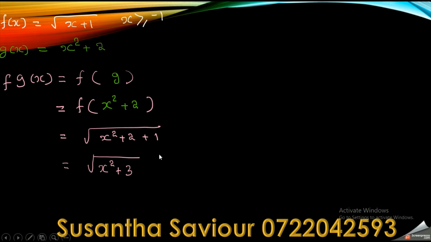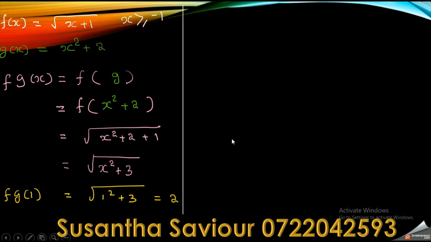Now we are supposed to evaluate fg1, so this x is replaced by 1, then fg1 is equal to 2. Now we have another part of that question. What is that? fg is equal to 2 root 3.